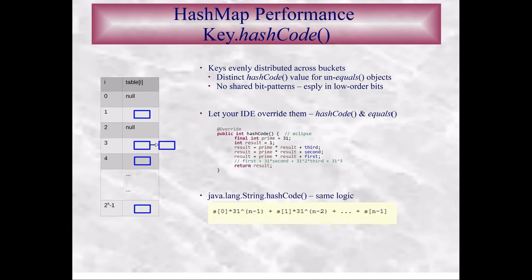So your IDE would do all of these. Just put your IDE at work for implementing hashCode, and along with it equals. It will do a very good job. They'll be in safe hands.